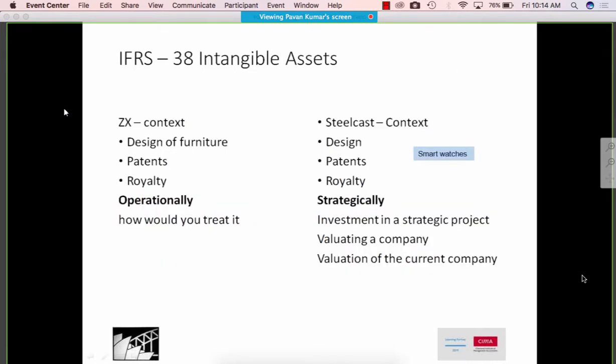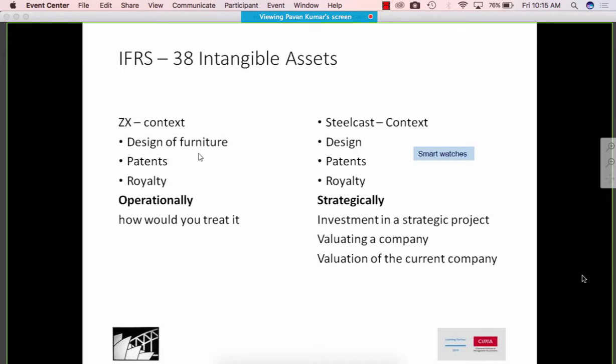Let us first talk about relevance of IFRS 38 for intangible assets for both the case studies. Now, if we talk about ZX context, ZX comes up with its own design of furniture. Does it have any patents to this? Does it charge any royalty if somebody is trying to copy it, or if somebody wants to go for a franchise of ZX's operations?